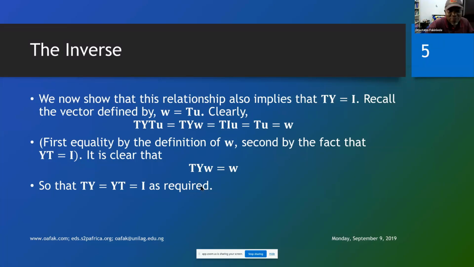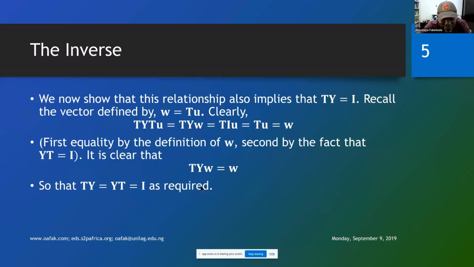Now, some of you thought it was obvious, but I said prove it. Prove the equality. The fact that you think something is equal doesn't mean you can prove it. What you have on this page is the proof that TY is the same thing as YT. You thought it should be the same, but you have to prove it. If you can't prove it, then it's not the same.